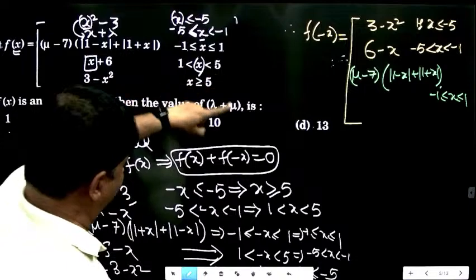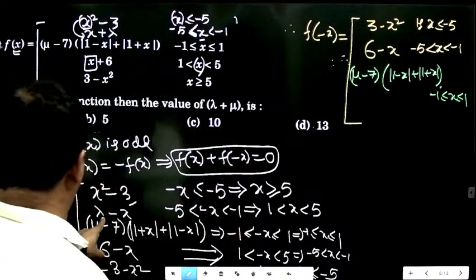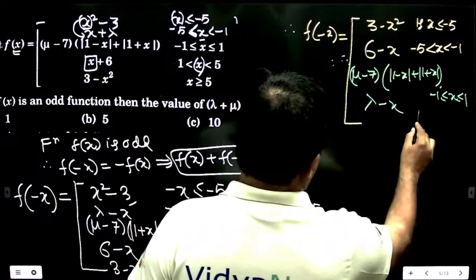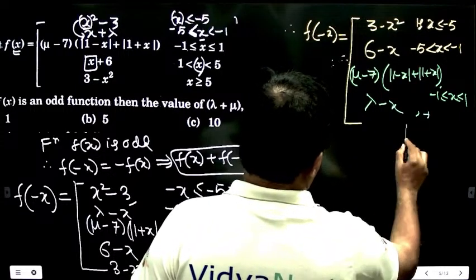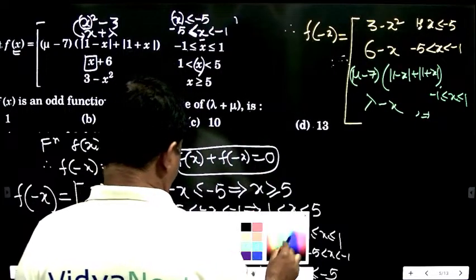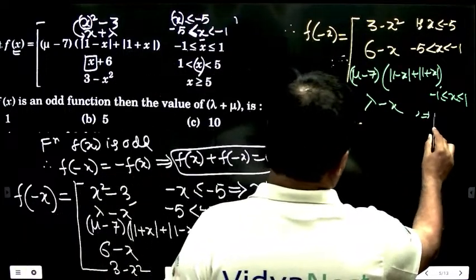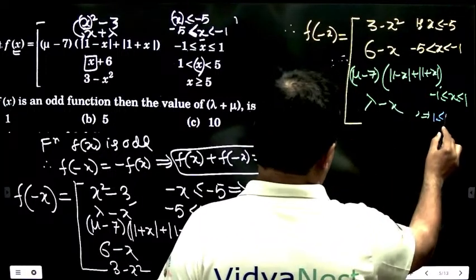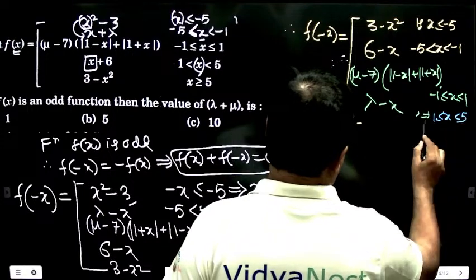Then between 1 to 5, f minus x, lambda minus x. One to 5.